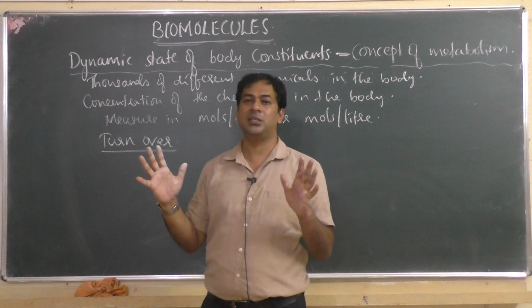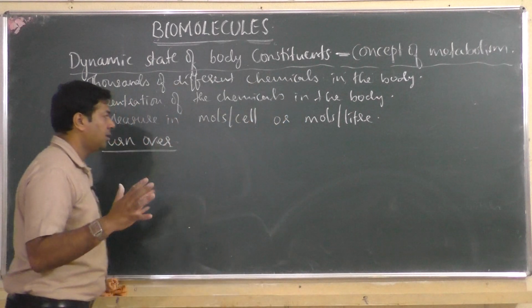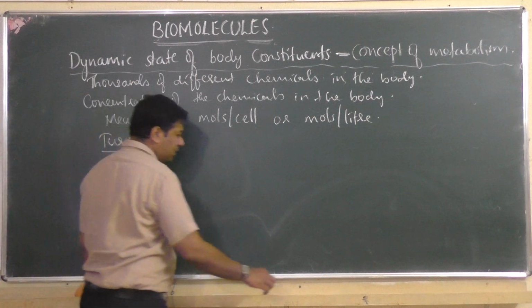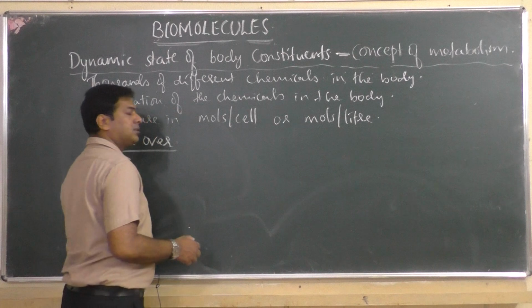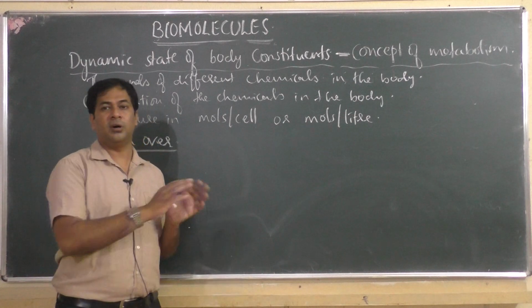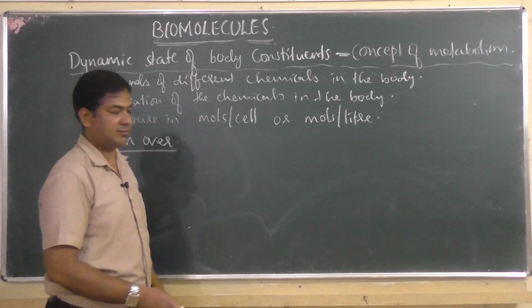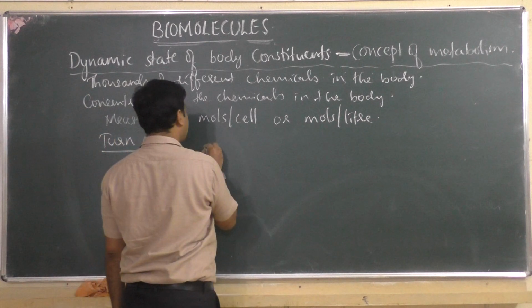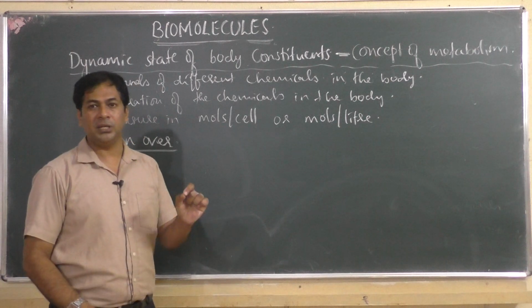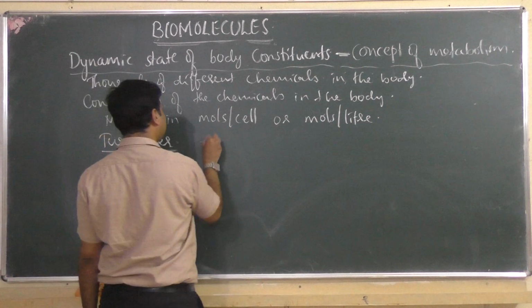Totally how much remains. Okay, that is turnover. So what is that turnover in the body? That is, all the chemicals form other chemicals later. Means one chemical transforms into another chemical. In simple terms, one chemical changes to another chemical.